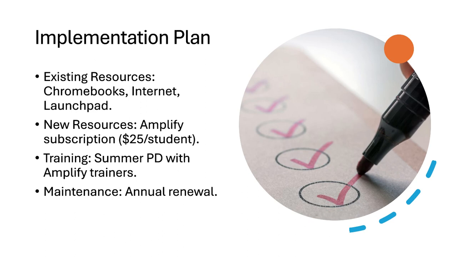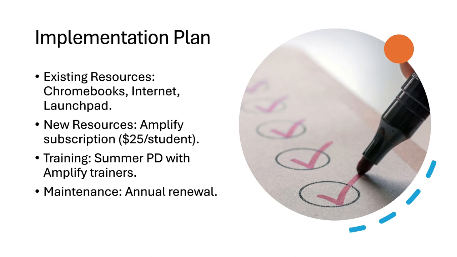So that's the subscription to the virtual aspect of it. The prices tend to go up from there. If you want to purchase the kits with the physical objects, that's an additional fee. If you want to purchase the workbooks, those are available as well. But your baseline is approximately $25 a student.